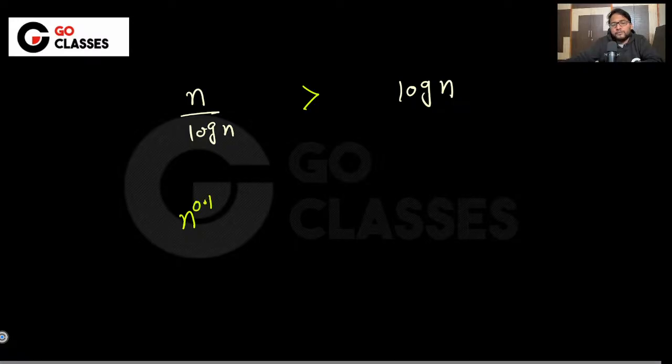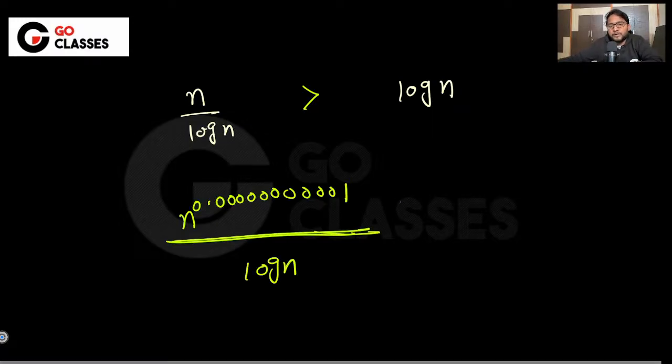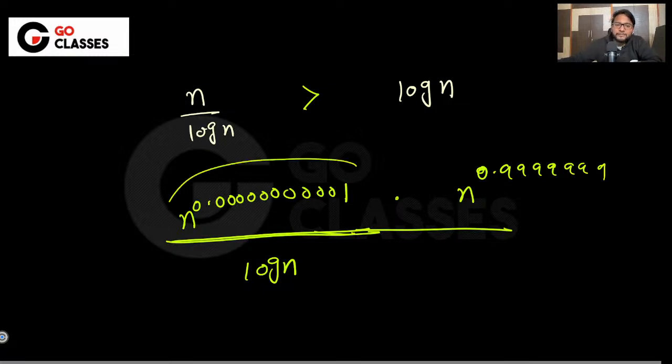Even if you write 0.1, or maybe 0.000000000000001, it is too powerful compared to log n. Even if you write something like 0.99999, this log n can be handled by some very small fraction power, and then again this log n can also be handled by some small power.